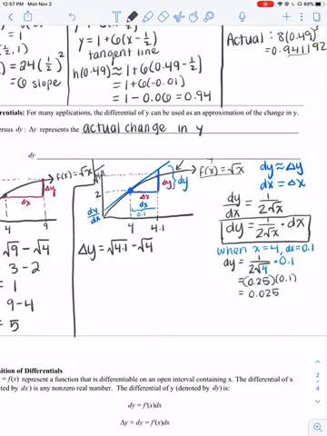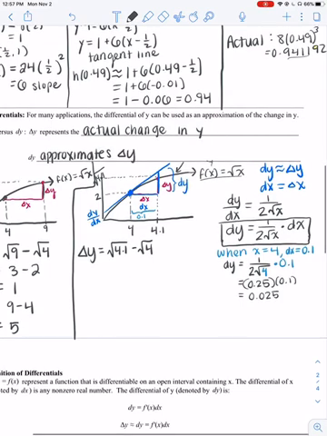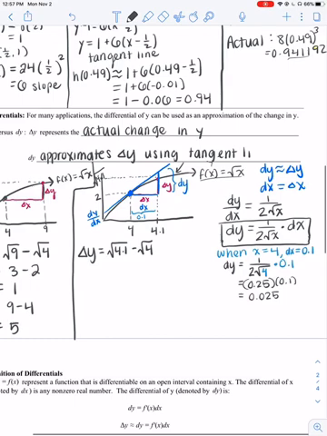Dy approximates delta y using the tangent line, or you could think about it as using the derivative. And so here we are getting that this delta y is approximately, so we still haven't found the exact, approximately 0.025.